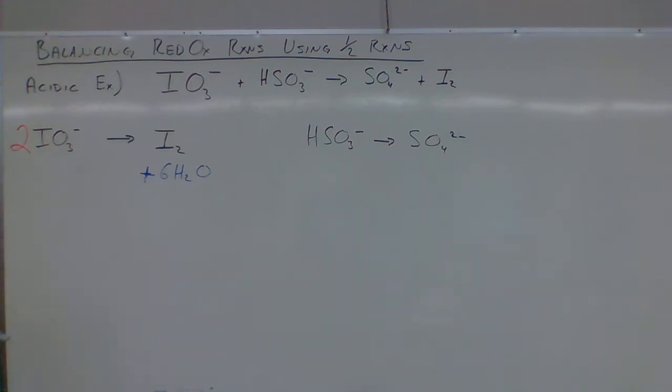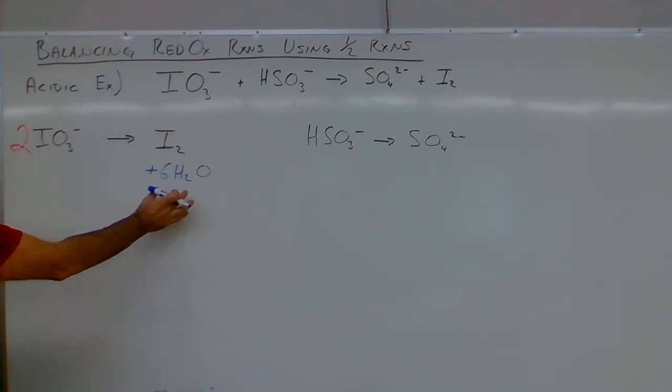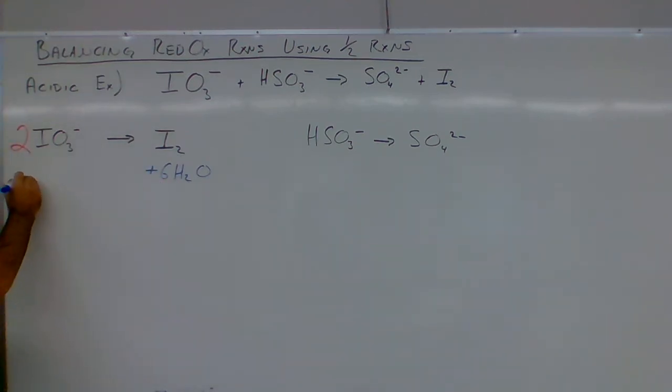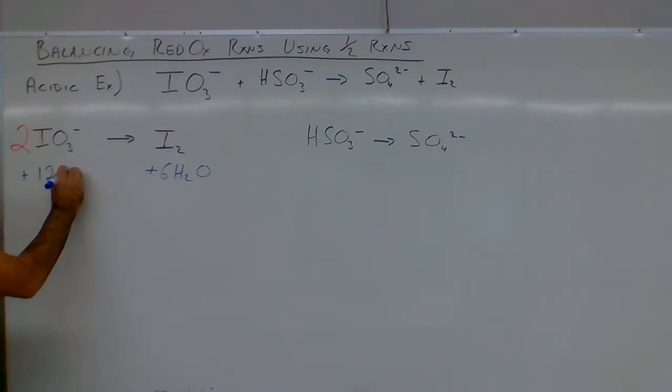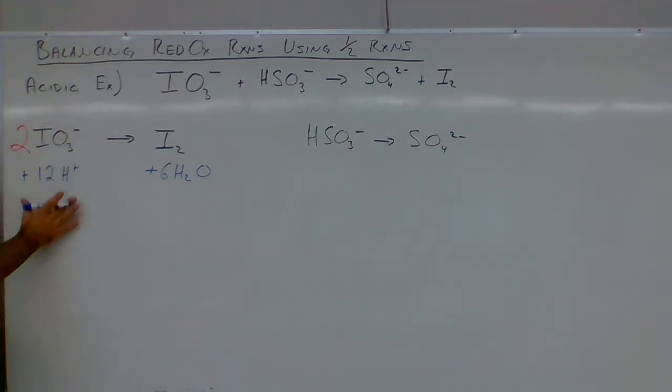After we've balanced our oxygens, we're now going to take a look at our hydrogens. I have 12 hydrogens on this side, so that means plus 12 H plus on this side. And then I can look at balancing my charge. We're completely neutral on this side, so all my charges on this side have to add to 0. I have 12 positive and 2 negative, so that means I need to add 10 electrons, because that's the 10 negative, to add to these 2 negative to balance out that 12 positive.